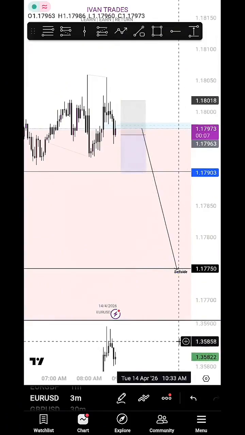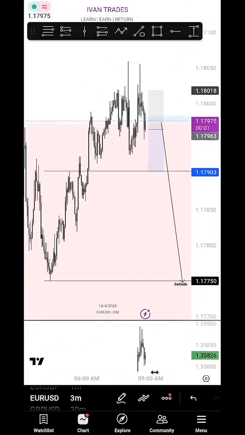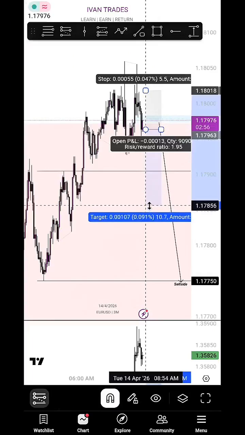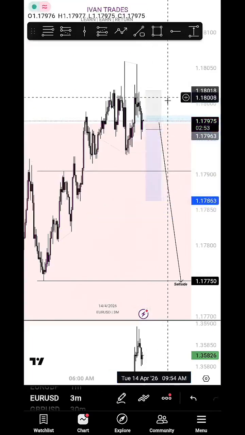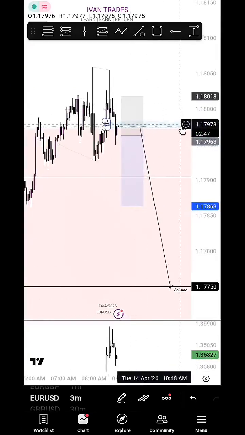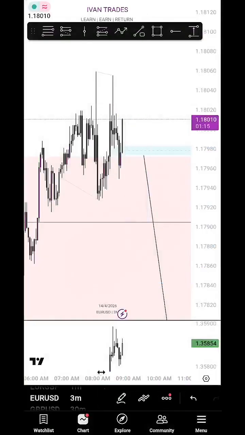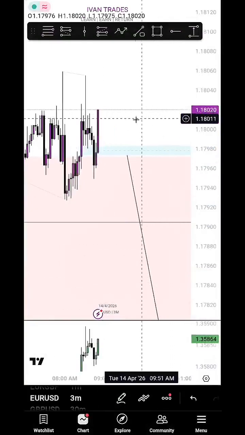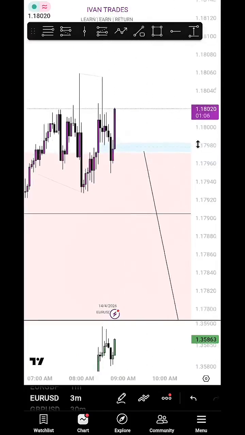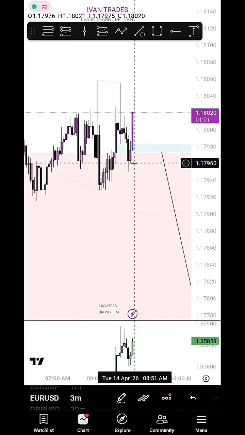If I was to place a trade, I'll be looking for something like this, if this kind of flips. So let me set the alert right here.